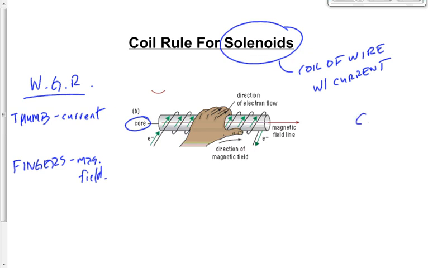In the coil rule for solenoids, your thumb will point in the direction of the magnetic field and your fingers will point in the direction of the current.